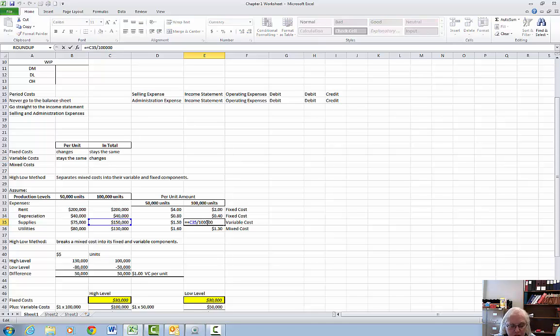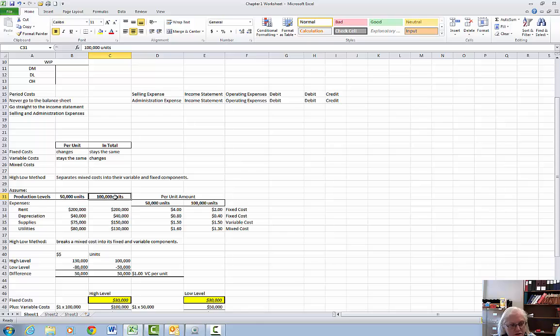And when I run the numbers, 150,000 divided by 100,000 gives me $1.50. So here the supplies are the same on a per unit basis, so they meet the definition of a true variable cost.